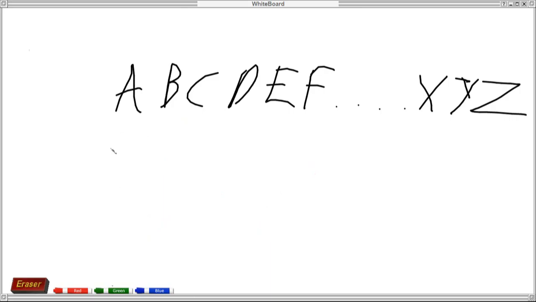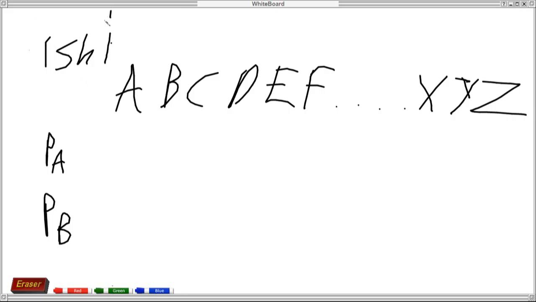pretty much what happened is that since you have A, B, C, D, E, F, what you did was that you shifted, and this shift was only shared between the person receiving the message, person A, and the person sending the message, person B. So let's say you have one shift, okay?